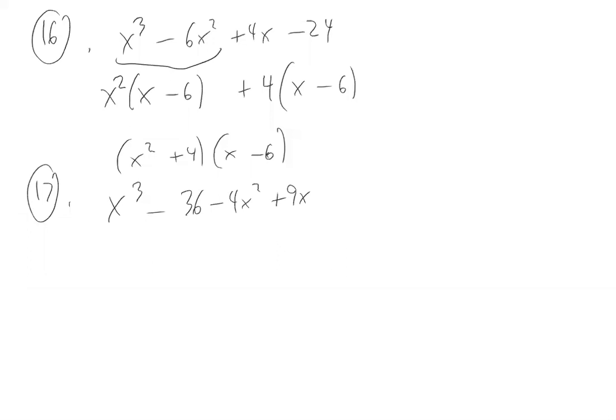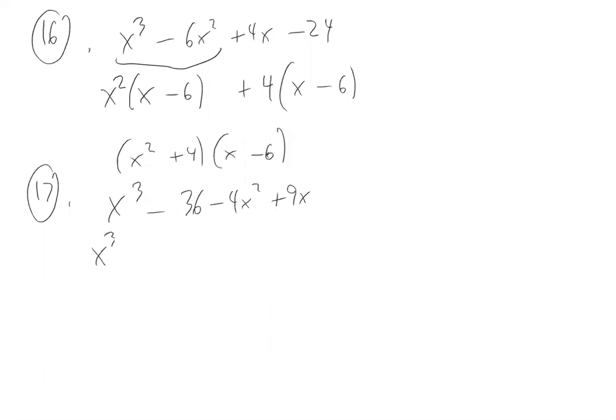So x cubed minus 36 minus 4x squared plus 9x. So first of all, let's put them in order.